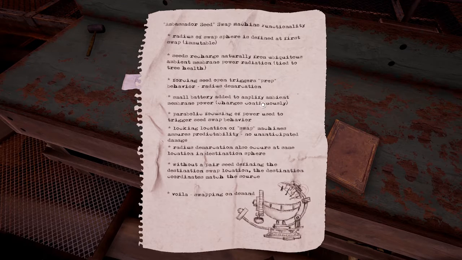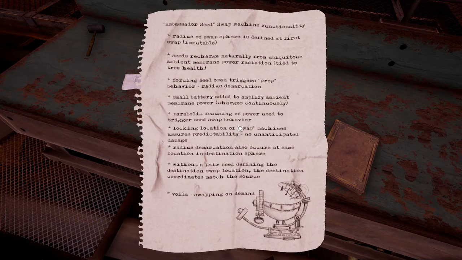Small battery added to amplify ambient membrane power. Charges continuously. Parabolic focusing of power used to trigger seed swap behavior. Locking location of swap machines assures predictability. No unanticipated damage. Radius demarcation also occurs at same location in destination sphere.